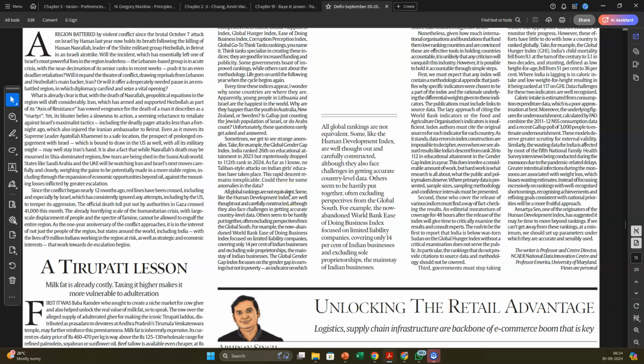Similarly, a lot of these indexes that we talk about, like the Global Hunger Index, the Ease of Doing Business index, the Corruption Perception Index. Take the World Bank Ease of Doing Business index, they were only working on 14% of Indian businesses, and earlier they were only taking references from two cities in India.